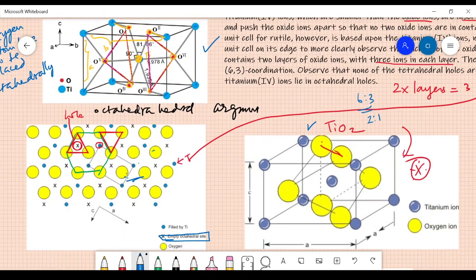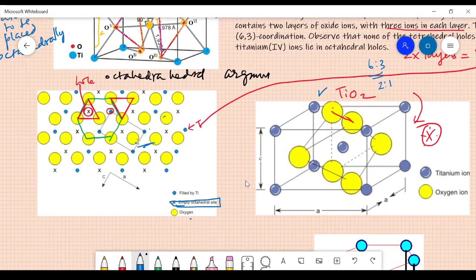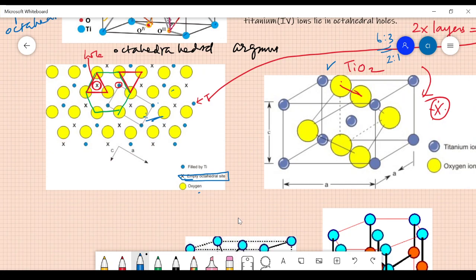Two axes are equal and the third axis is shorter. I will give the notes in the description section. The metal atoms occupy the corners with an additional atom in the center. The metal atoms thus constitute a distorted body-centered cube. Each metal atom is surrounded by 6 oxygen atoms, and that is what we are seeing there. Each oxygen atom is surrounded by 3 metal atoms. So 6:3 is the metal-oxygen coordination.